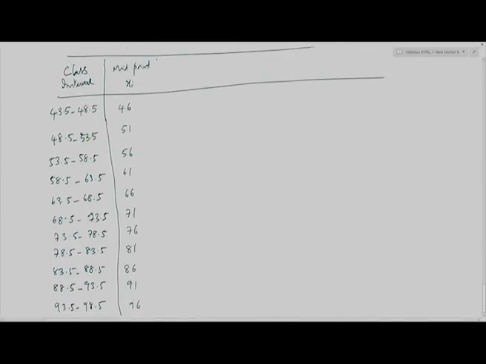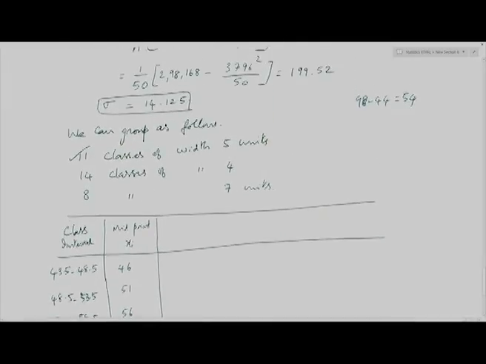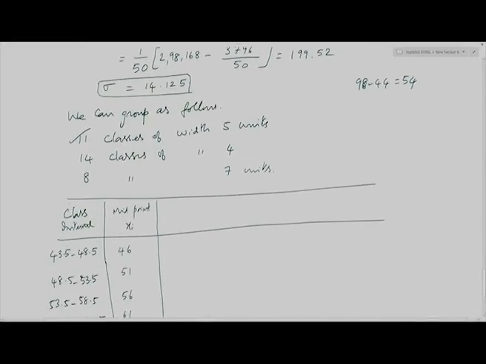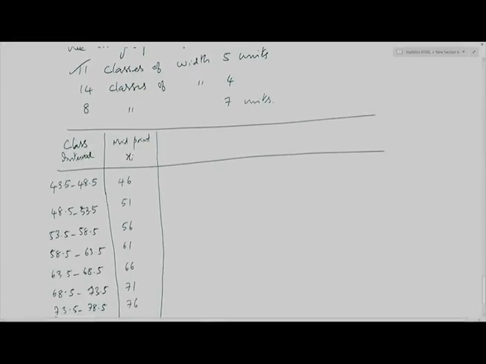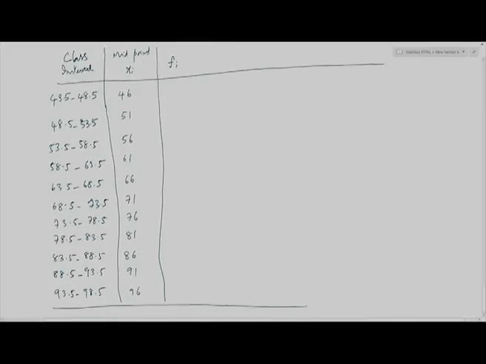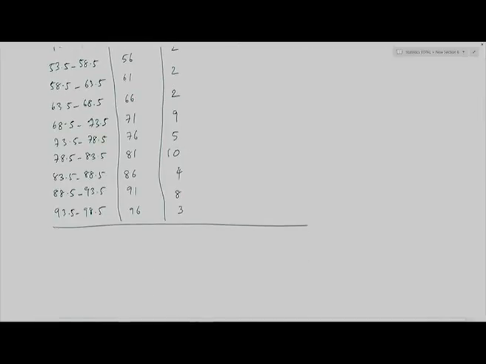Correspondingly, from the initial table, we compute how many entries lie in the interval 43.5 to 48.5; that is the frequency. Let me put Fi here, and you can trust me, it is 4, 1, 2, 2, 2, 9, 5, 10, 4, 8, 3. Totally, there are 50 students, therefore the total is 50.